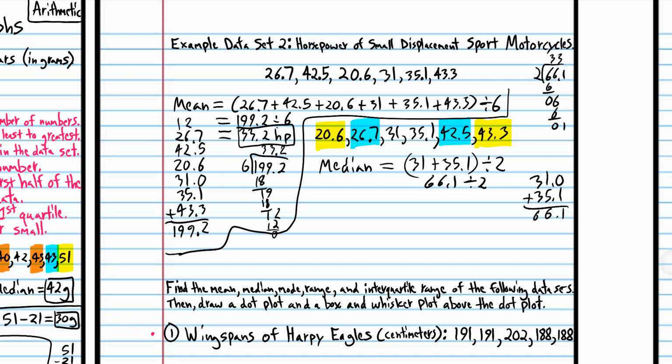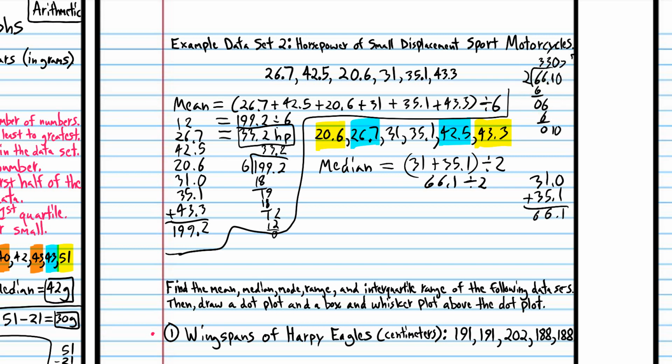After you bring down the 1, it doesn't go in. Because the 2 doesn't go into the 1, you have to put a 0 up here, and then you have to bring down another number. So we have 2 into 10 goes 5 times. Be very careful about that 0 there.